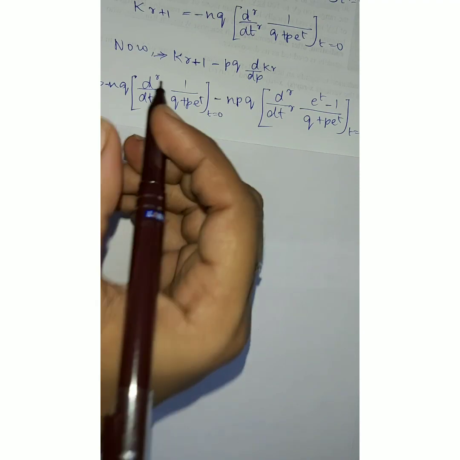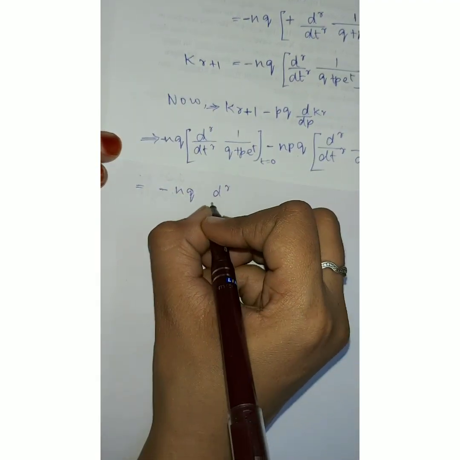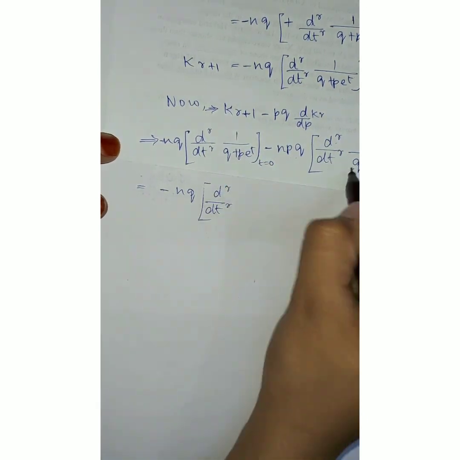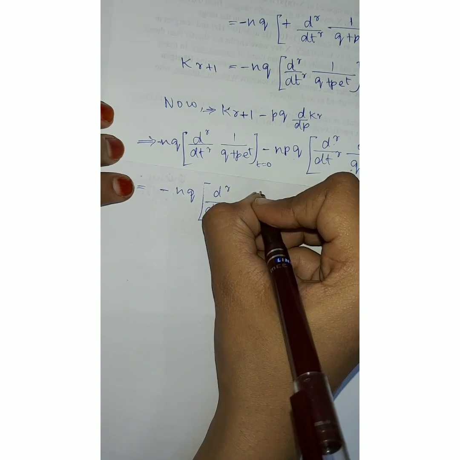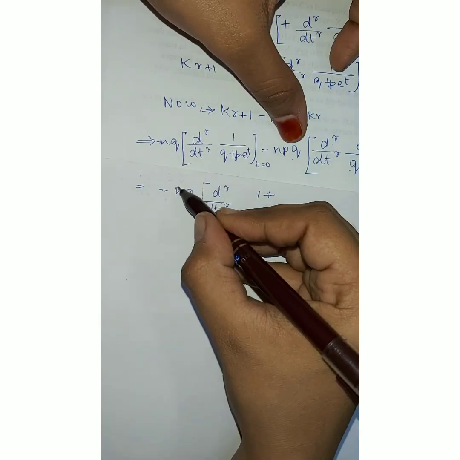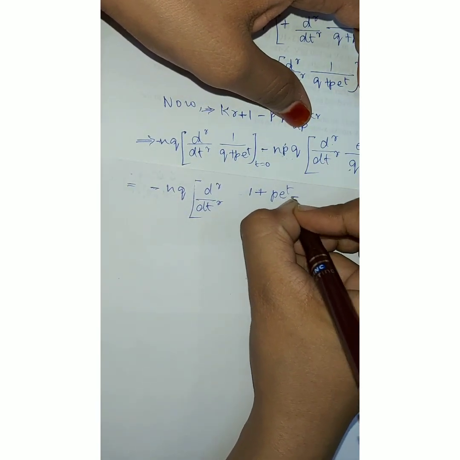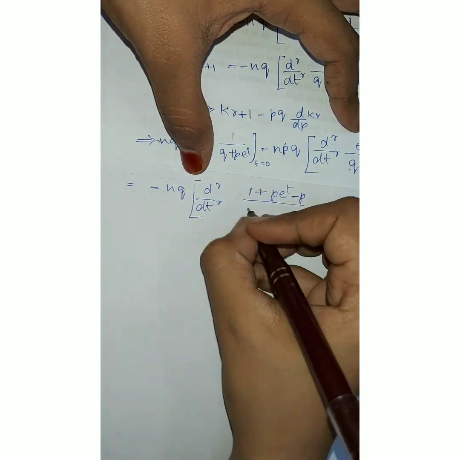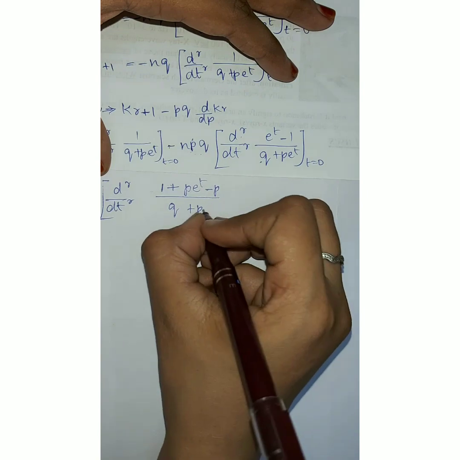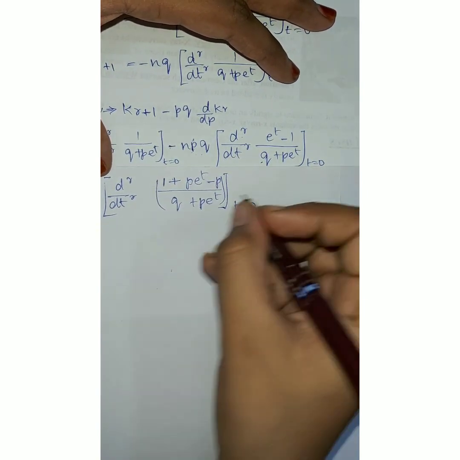Now taking the common terms outside, we get minus nq into d power r by dt power r. We have only taken minus nq common and we have p left over in the second term, so we will get 1 plus p e power t minus p by q plus p e power t, which is common, and at the bottom t is equal to 0.